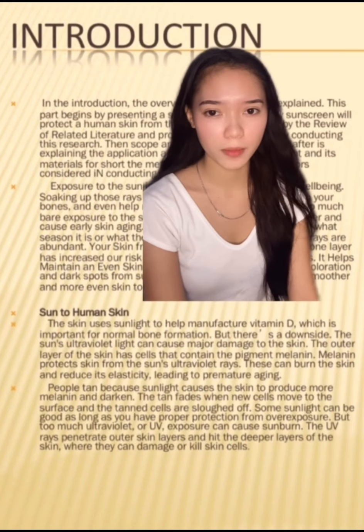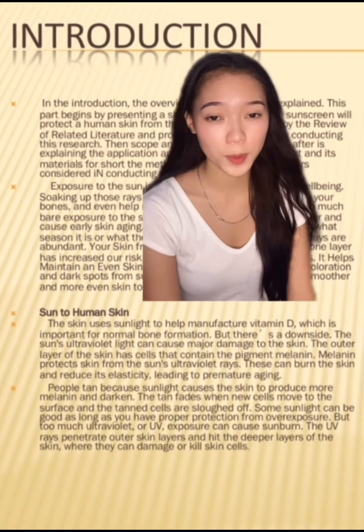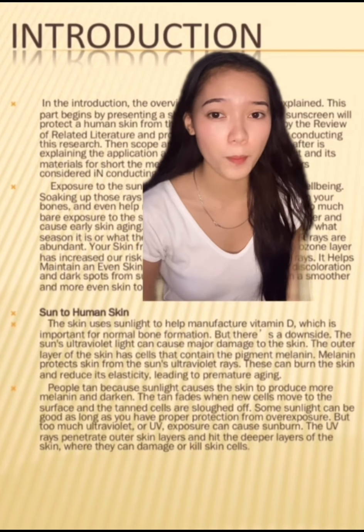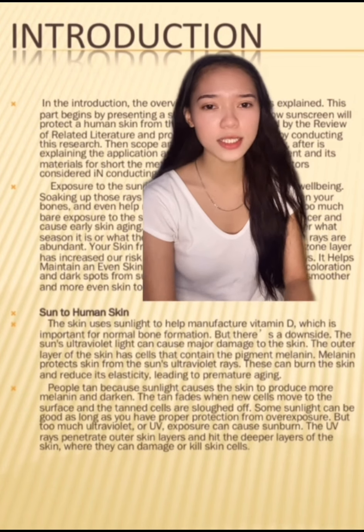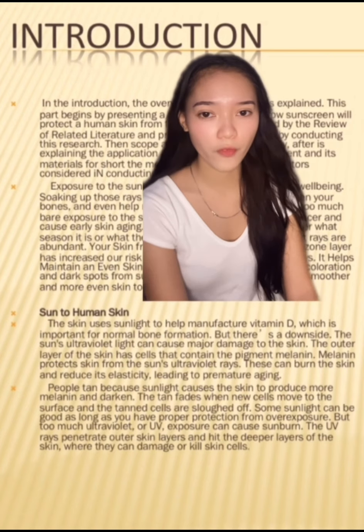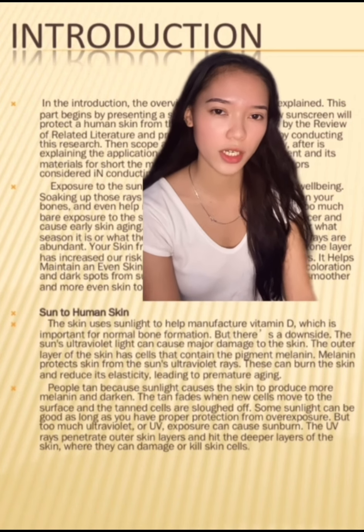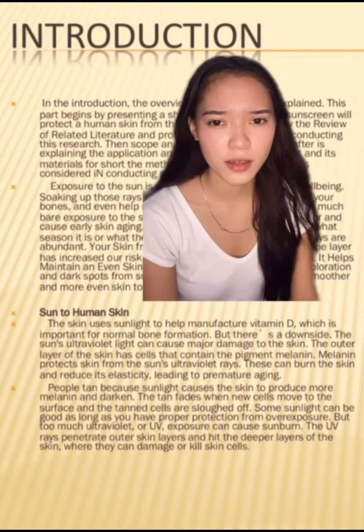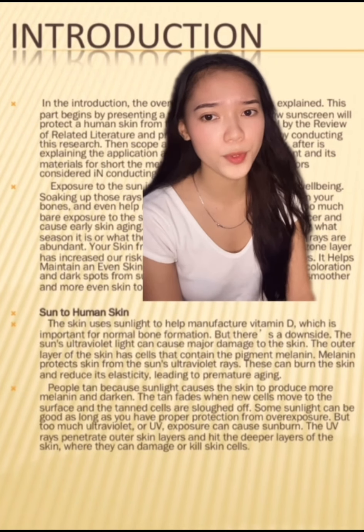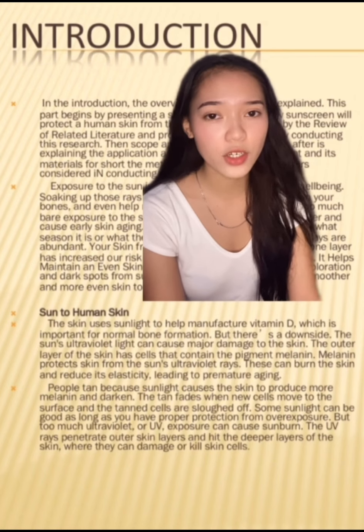Sun to human skin. The skin uses sunlight to manufacture vitamin D, which is important to normal bone formation. But there's a downside. The sun's ultraviolet light can cause major damage to the skin. People tan because sunlight causes the skin to produce more melanin and darken.